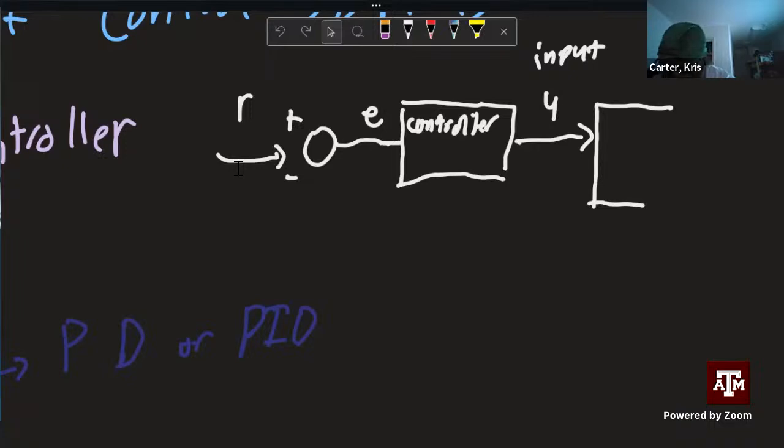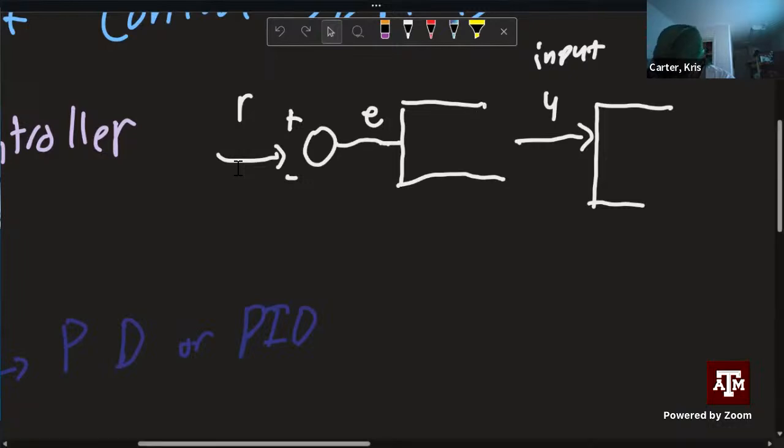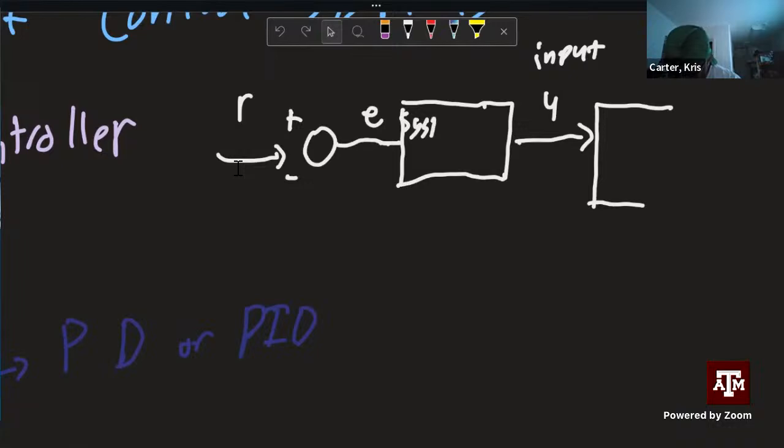Actually, I think this is the system. I'm gonna go back and check in just a second, but I want to make sure I know what I'm doing before looking at the stuff. So let's see. The controller puts out an output Y, and then if it's a closed loop, it'll have some type of feedback.